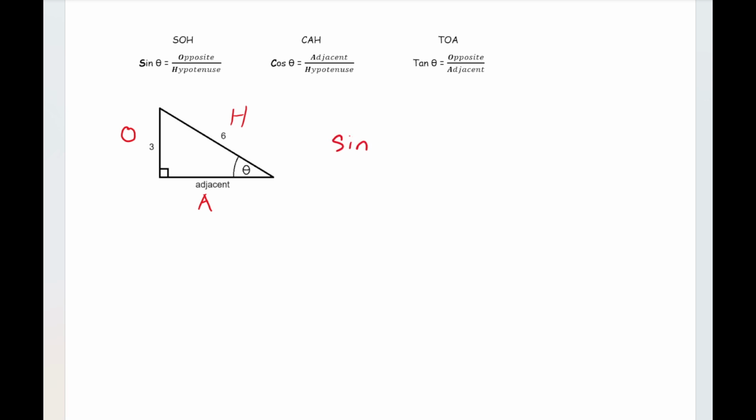We got sine of our unknown value theta. And up here we got our opposite first, which is 3, divided by our hypotenuse side, which is 6. And I'm going to replace this with 1/2 to make it a little bit easier and less messy. So I'll rewrite this as sine theta is equal to 0.5.